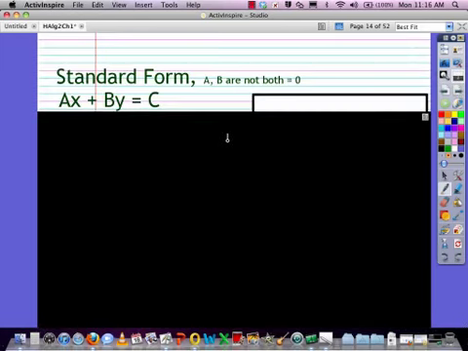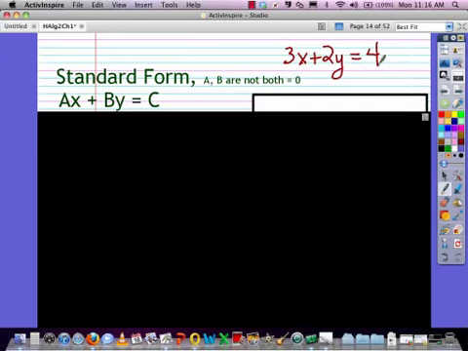Standard form, something you definitely have seen before. With some numbers in, it might look like this: 3x plus 2y equals 4. In generic form, though, when we replace none of the numbers and keep all the letters, we have ax plus by equals c. If we were asking you to change this to slope-intercept form, you would have to get y by itself.